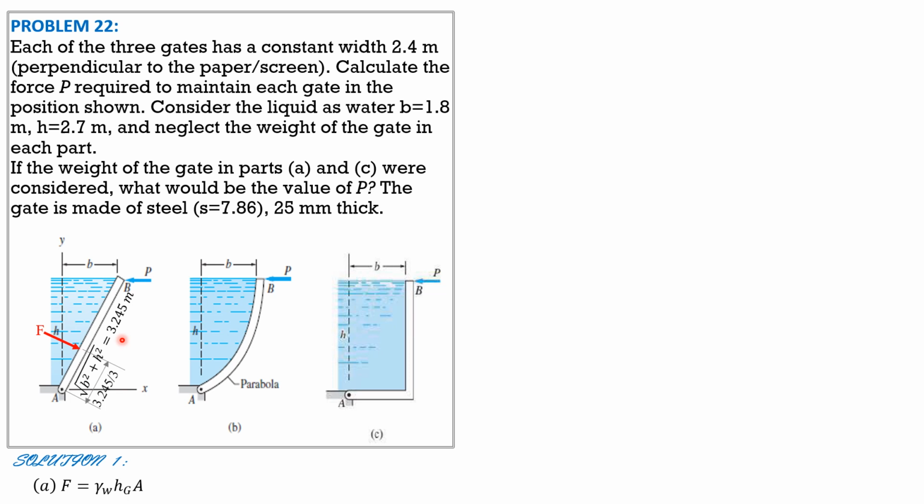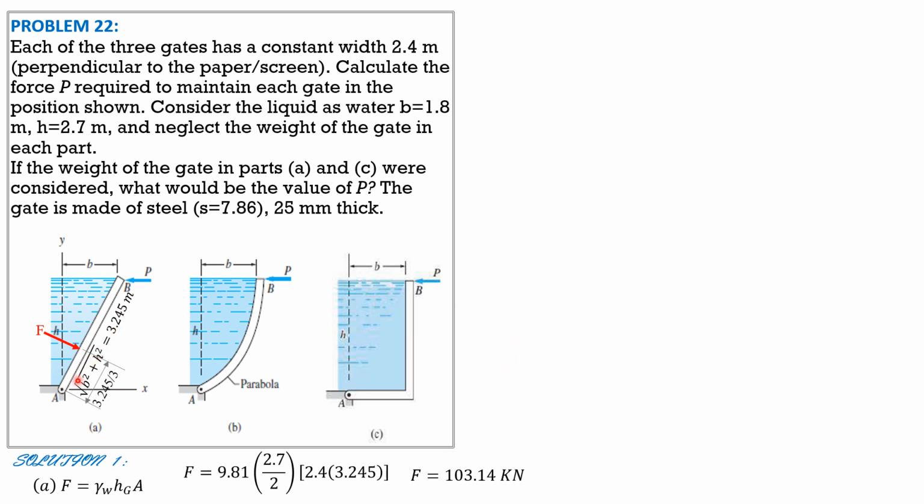So the area of the gate is 3.245 meters times 2.4. So substituting, F is 9.81 times 2.7 over 2, H over 2, barred H, times area 2.4 times 3.245. So F is 103.14 kilonewtons.